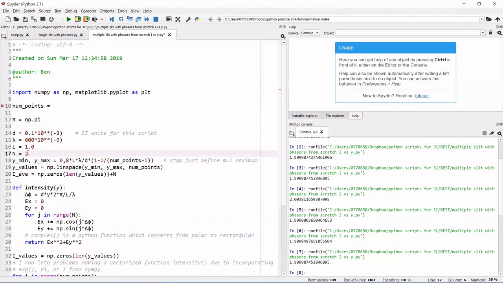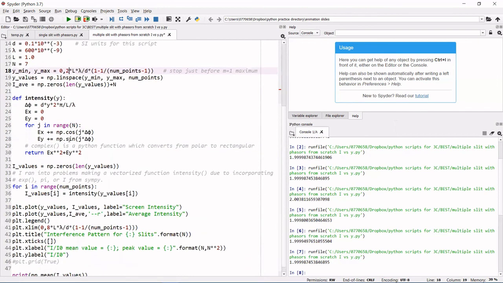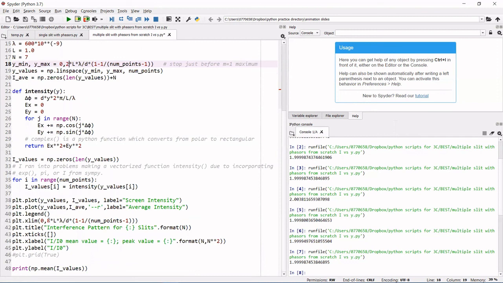So let's make this more interesting and ask what the intensity versus position looks like for, let's say, 7 slits. Notice I haven't changed anything. Should I still do 8 cycles? Let's go back to just, how about 2? Let's look at a span of the screen between, well, I guess it's really 3 fringes. I'm going from one fringe to the next and then to the next.